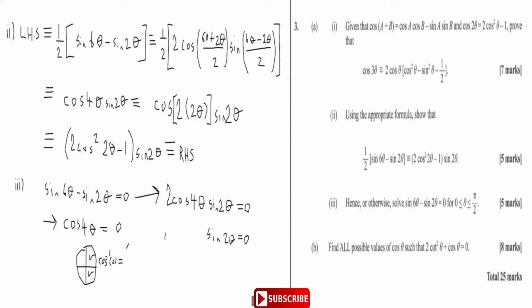So that means that 4 theta is equal to pi by 2, or 4 theta is equal to, in this quadrant, 2 pi minus pi by 2.